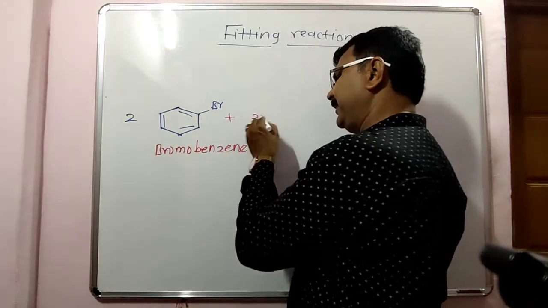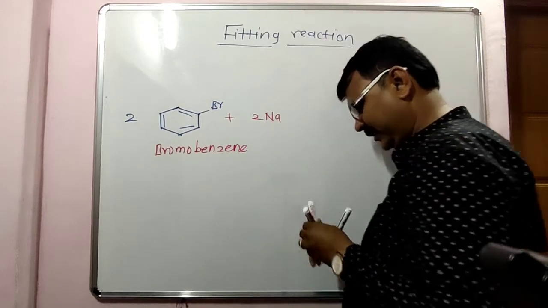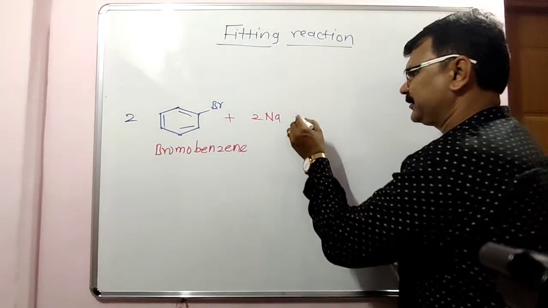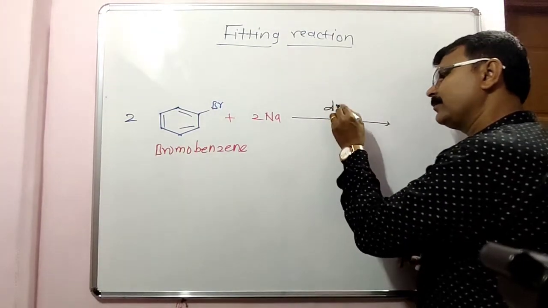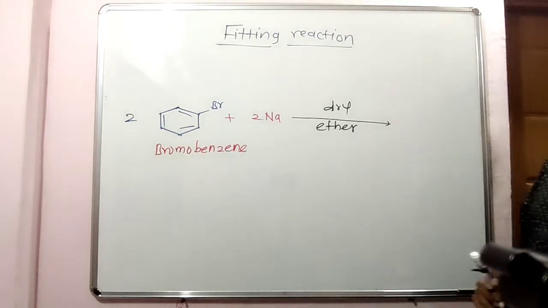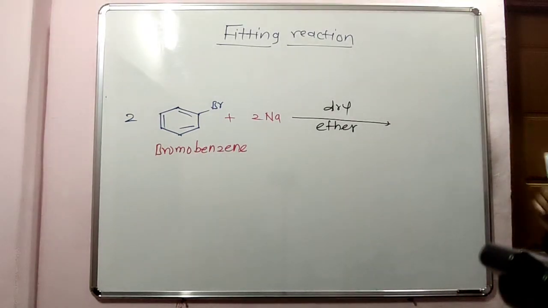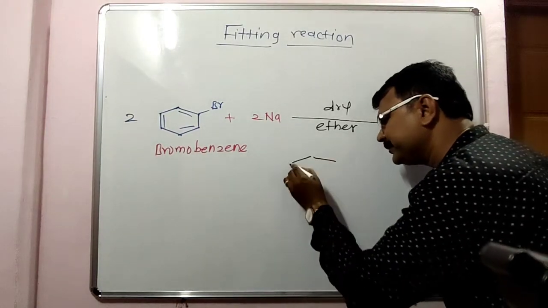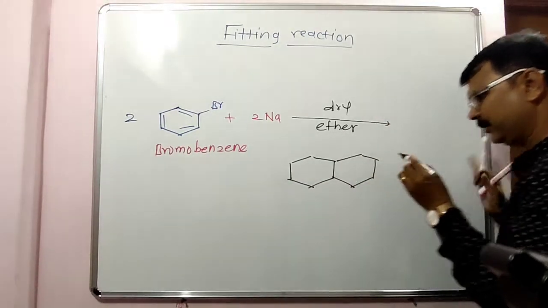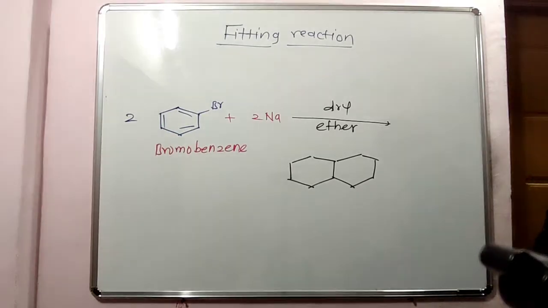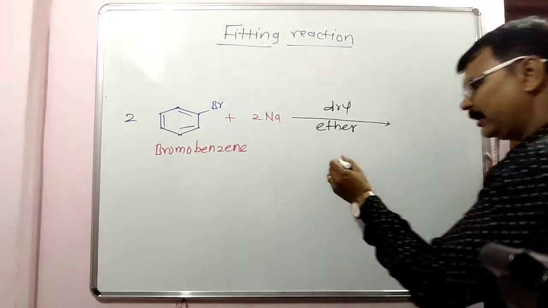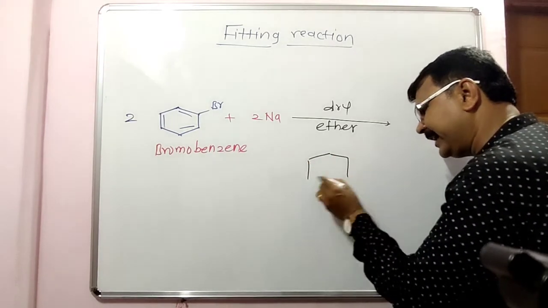Bromobenzene is reacted with sodium metal in presence of dry ether. In presence of dry ether, it gives, like this, benzene rings joined.